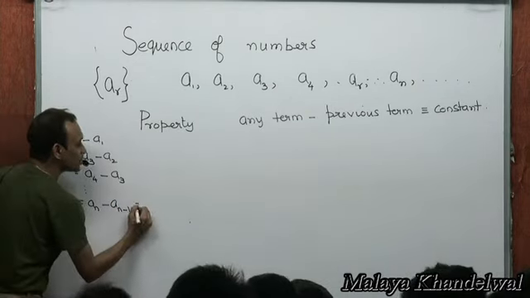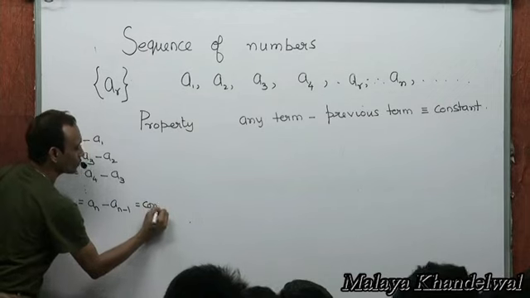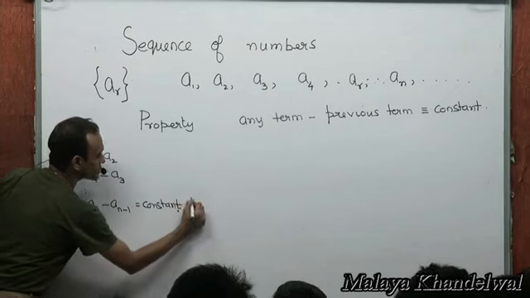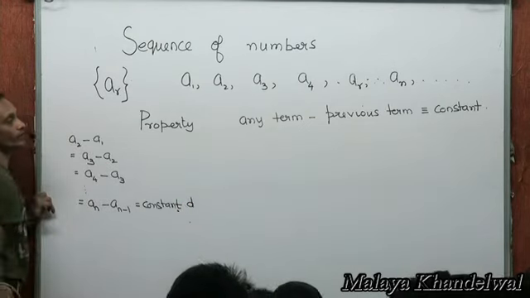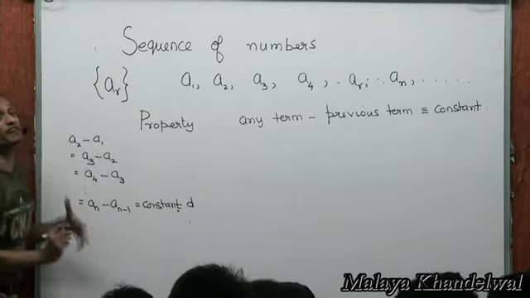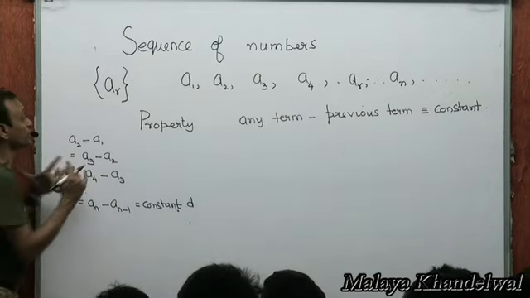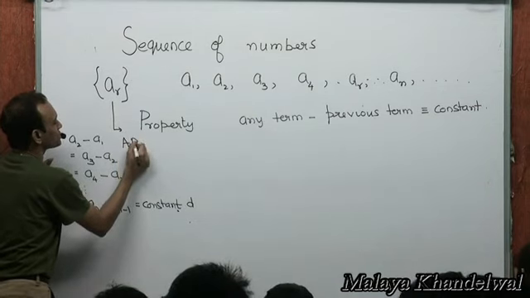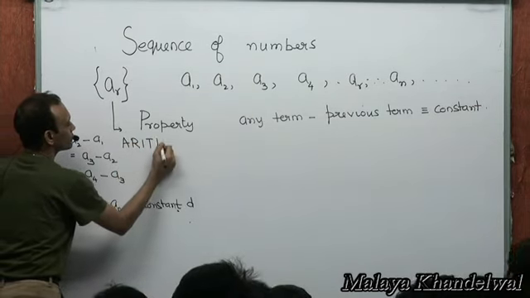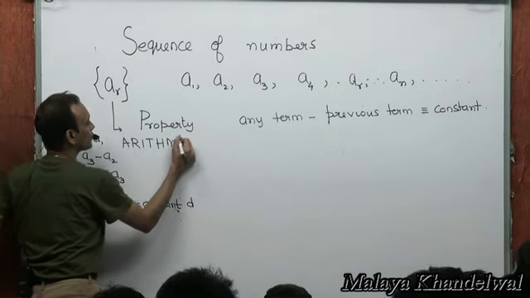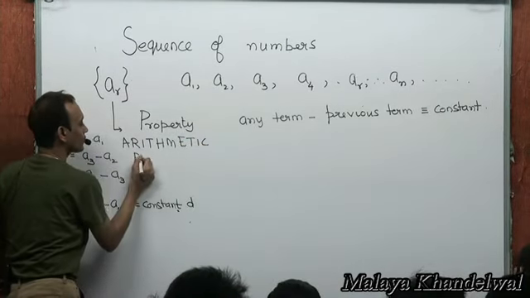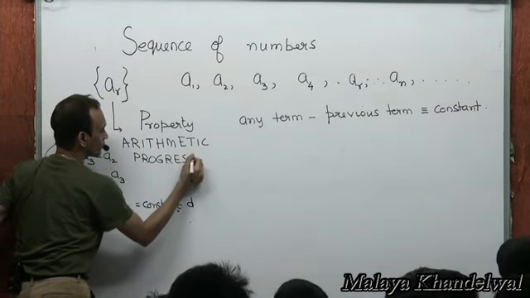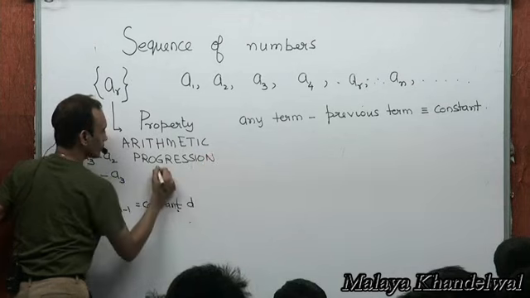If this is a constant, say D, then this sequence AR is referred to as an arithmetic progression, or AP.